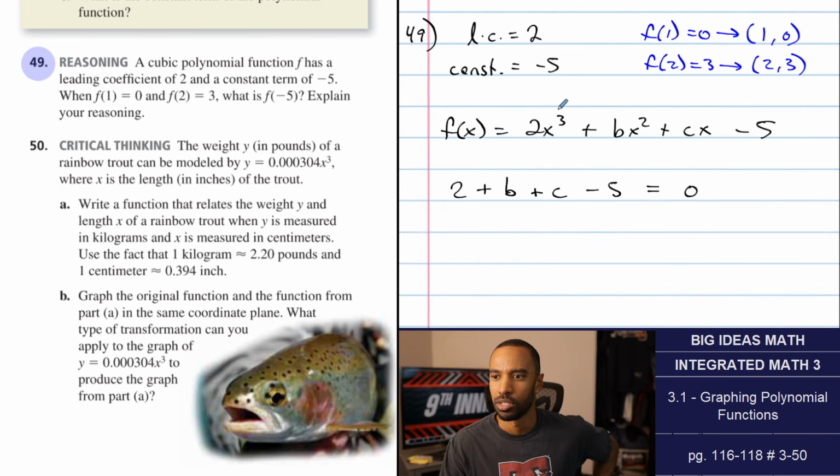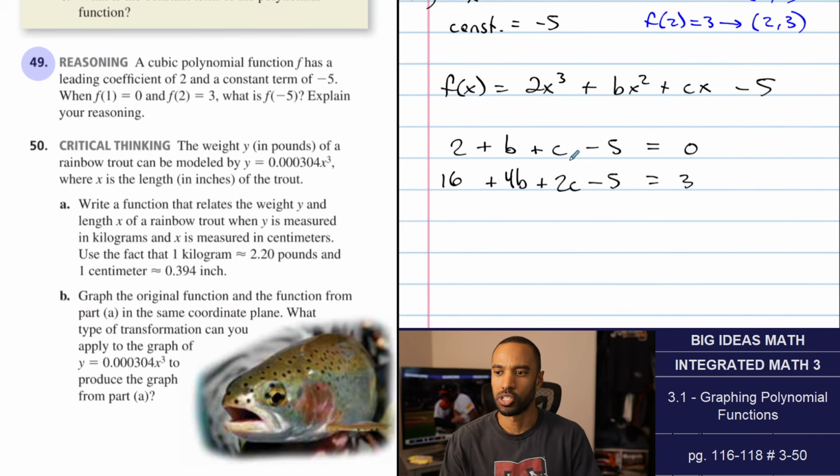And then 2 times 2 cubed is 16, plus b times 2 squared is 4b, plus 2 times c, minus 5 is 3. So here's our setup for our system.